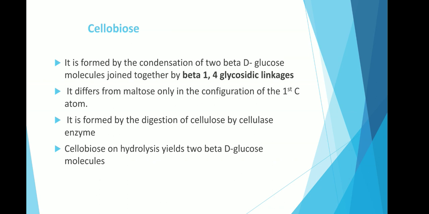In the case of maltose also 1,4-glycosidic linkage, and cellobiose also 1,4-glycosidic linkage. Maltose has two glucose units, here also two glucose units. But in maltose it is two alpha-D-glucose, and in cellobiose two beta-D-glucose. It differs from maltose only in the configuration of the first carbon atom.